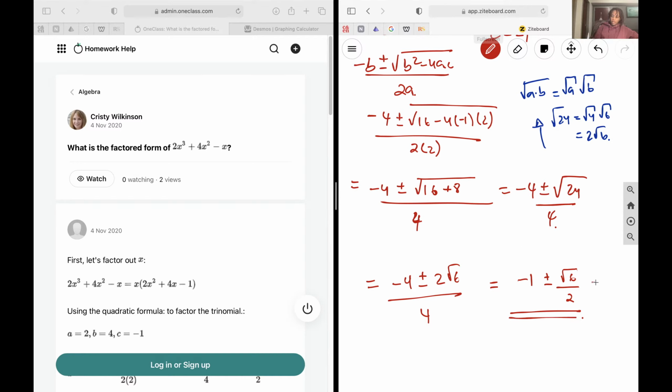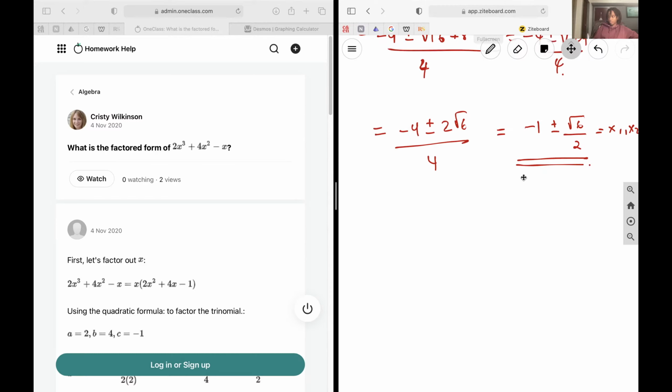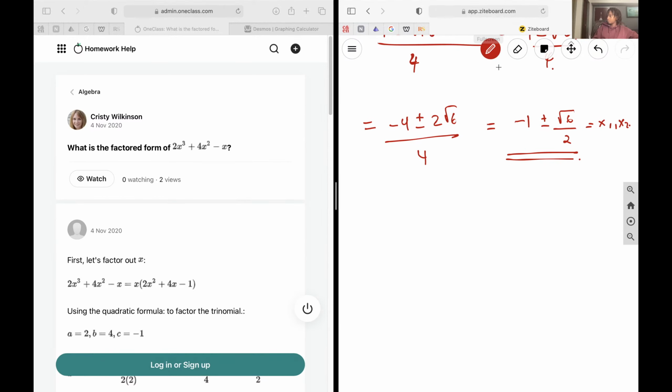So these are my 2 x values. And so now when I plug it in so that I can have it in fully factored form, I will get x into x minus negative 1 plus square root 6 over 2, and I will have x minus negative 1 minus square root 6 over 2.